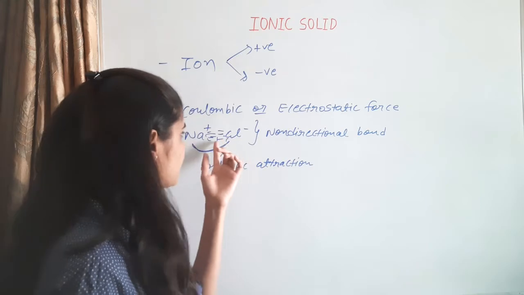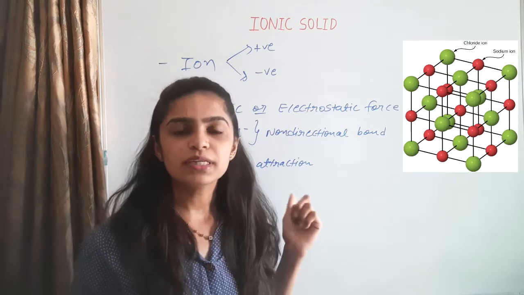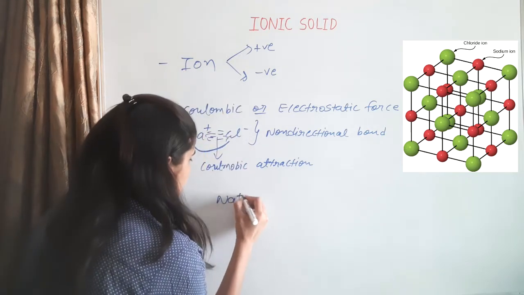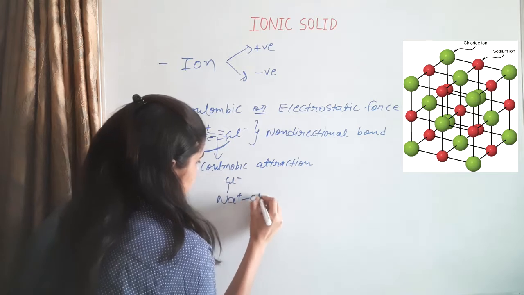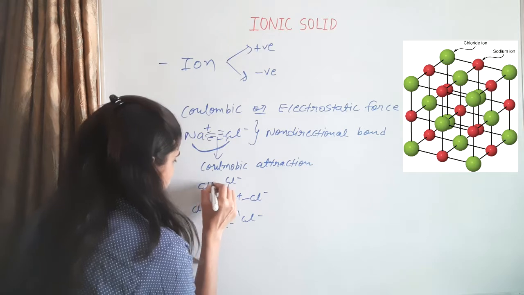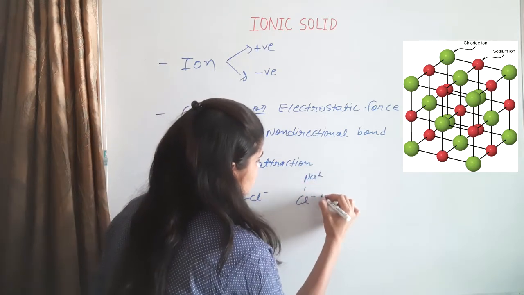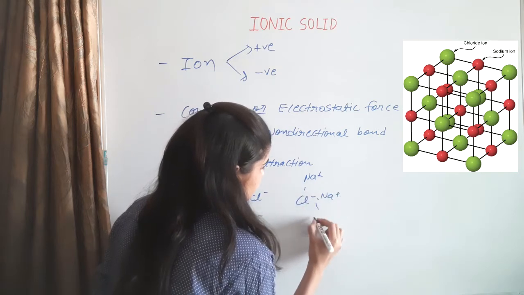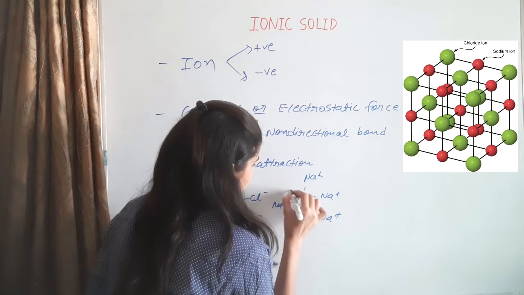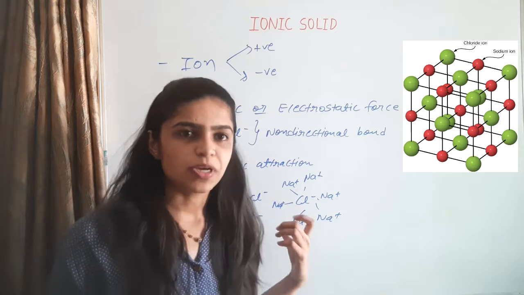For example, Na plus and Cl minus are regularly arranged throughout the crystal, because 1 Na plus is surrounded by 6 Cl minus, and 1 Cl minus is surrounded by 6 Na plus. So it is a regular arrangement.